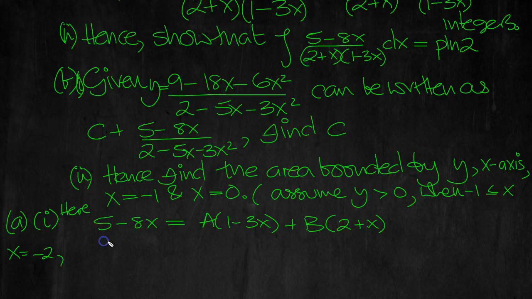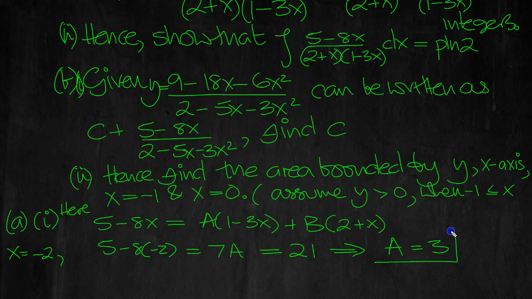So 5 minus 8 times minus 2 is equal to, minus 2 here will go to 0, that's why we're doing it. Minus 2 times minus 3 is 6, plus 1 is 7, so that's 7 lots of a. 8 2s is 16, plus 5 is 21. 7a is 21, so a is going to be 3, isn't it? Move the 7 from times to divide.